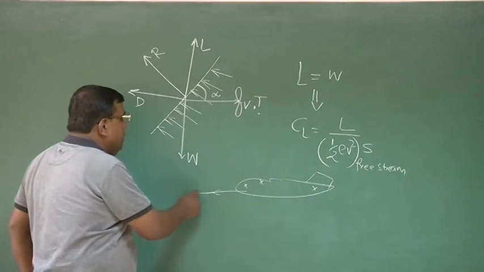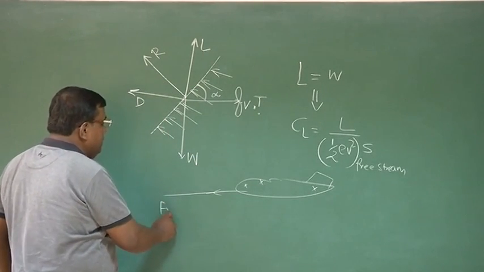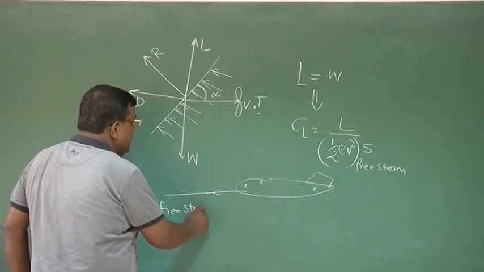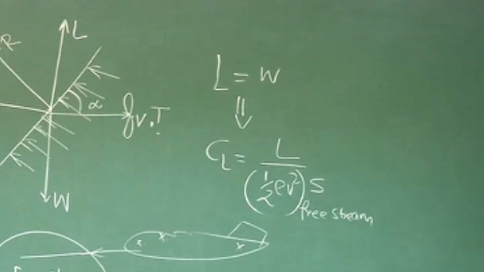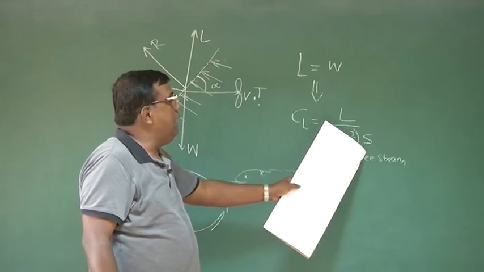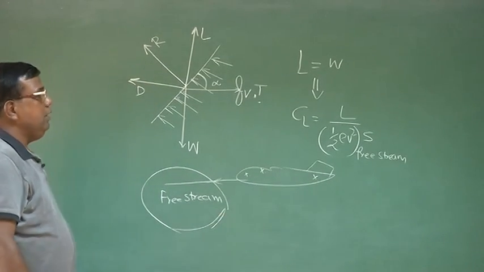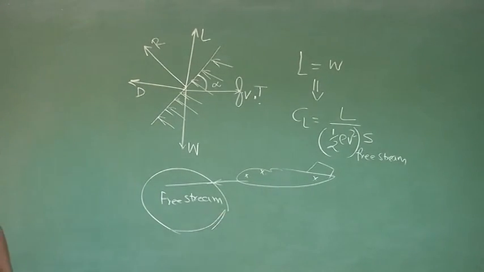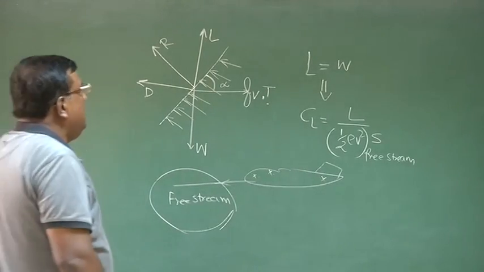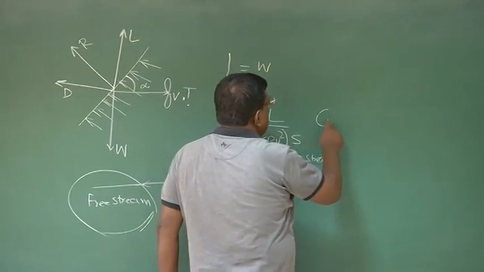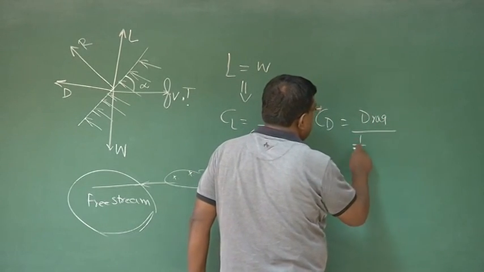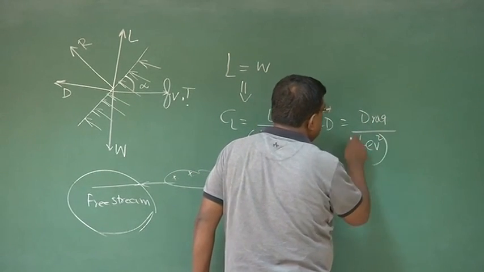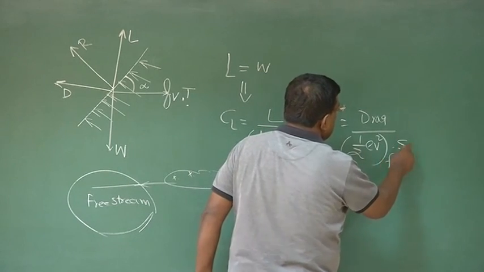For that, we choose free stream condition, meaning the condition is not affected by the presence of the body, and that is half rho v square, the free stream dynamic pressure, and S is the reference area. By now you know that S is the wing area for aircraft, right? Similarly, CD, we have drag non-dimensionalized with dynamic pressure, again free stream, and wing area, right?